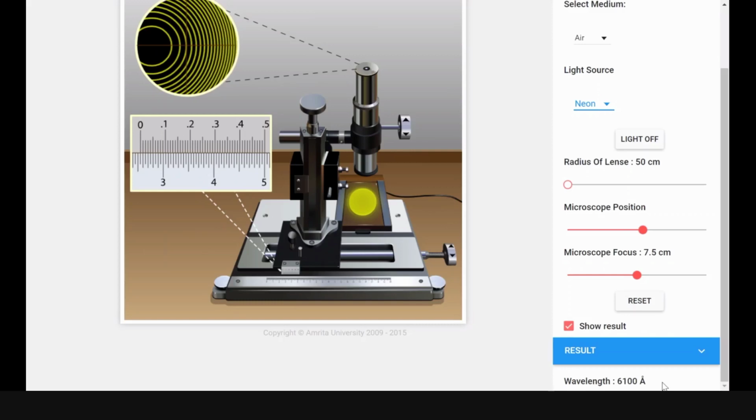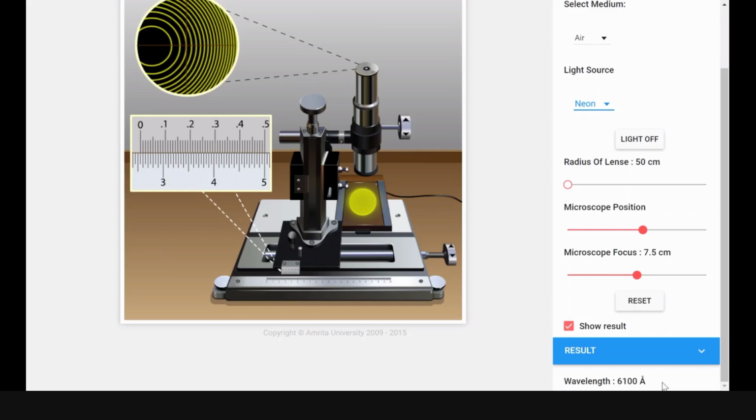In the lab manual, you will find the average value of D square n plus p minus D square m. For the sake of simplicity, we will not take the average value. We have gone for the first ring and third ring. If you go further, you have to take the fifth ring, seventh ring, ninth ring, so your readings will increase.